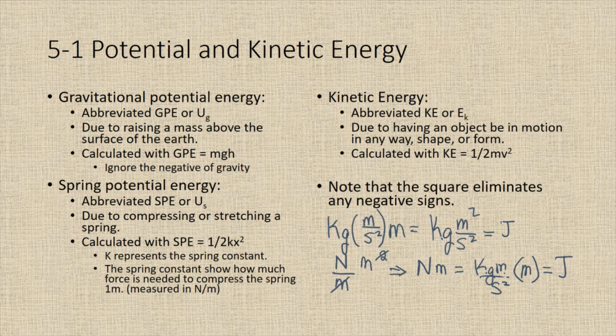So you should be able to see right here, mass measured in kilograms times velocity squared, meters squared over seconds squared, gives us the joule once again. Now, because the velocity is squared, the velocity can be in any direction. Any negative sign that may be associated with the velocity goes away when it's squared.